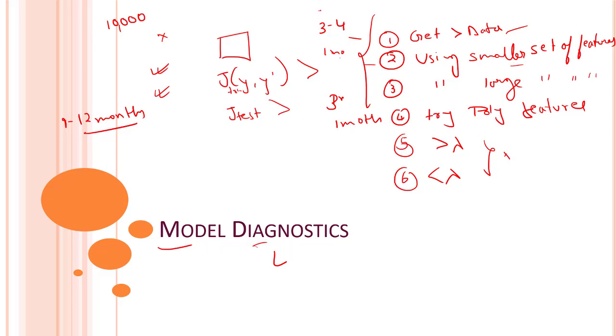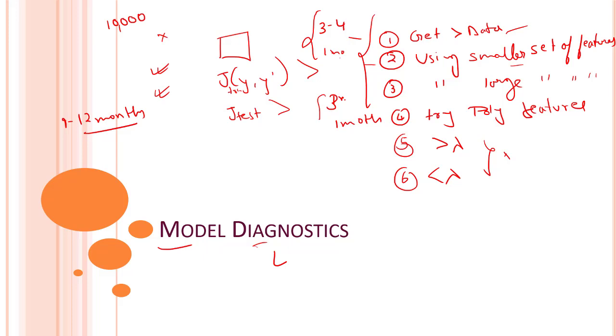So rather than wasting 6 months on something which wasn't really helpful for your model, you would be doing something which will actually be helpful. This will save your time, and it will also give you more insight into your data.